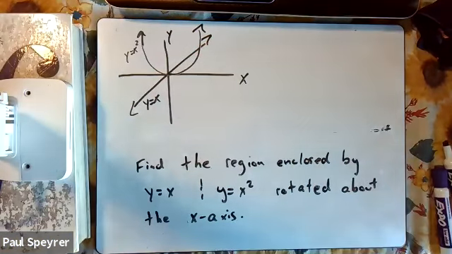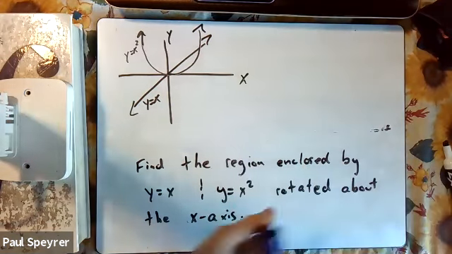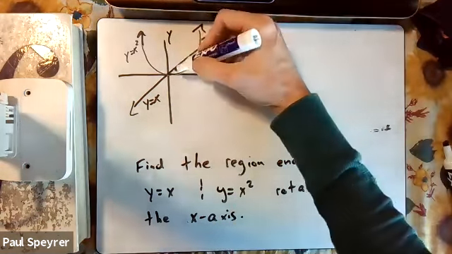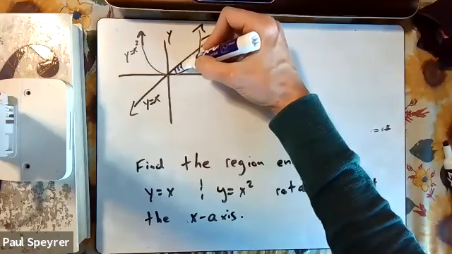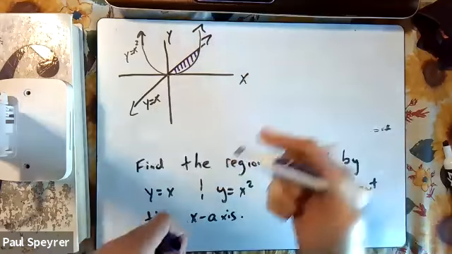Now, this problem didn't give us limits, right? Like the last part of 6.2, where it said find the shape generated from x equals whatever point to whatever point, or y equals whatever point to whatever point. Right here, it's not doing that. It just said find the region enclosed by these two curves. So enclosed is pretty much the stuff within them, or the parts where they intersect.